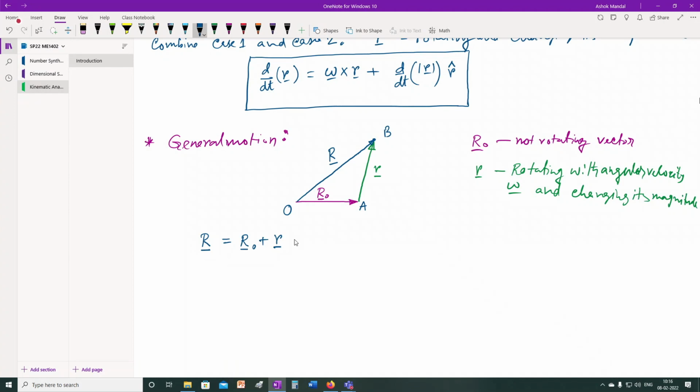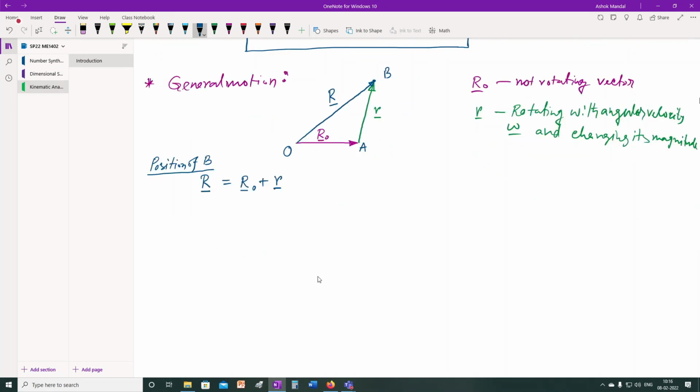Do you agree with this vector equation? Yes, sir. Position of B. Now we want to find out what is the velocity of point B.